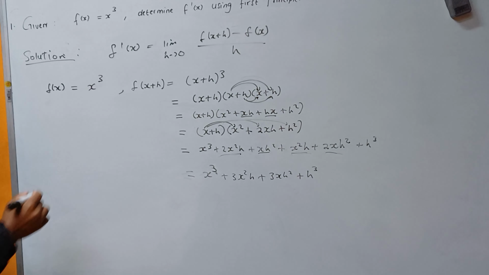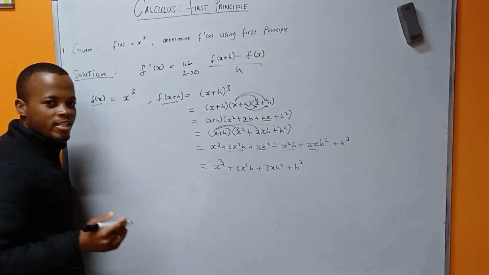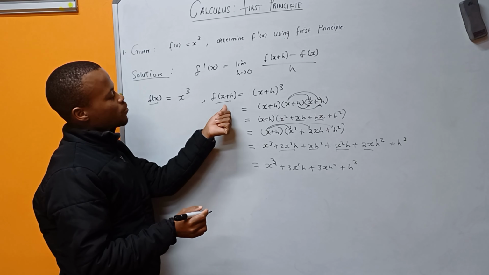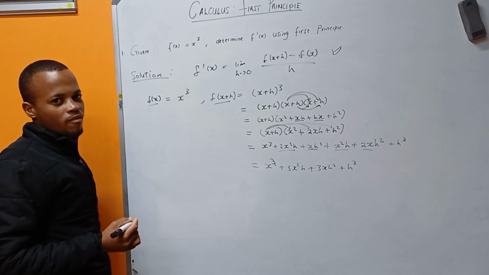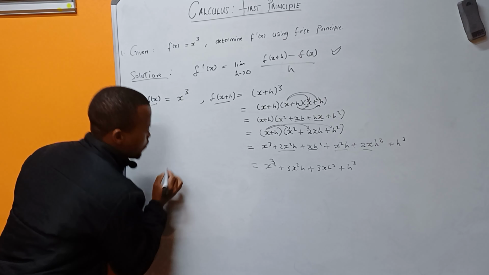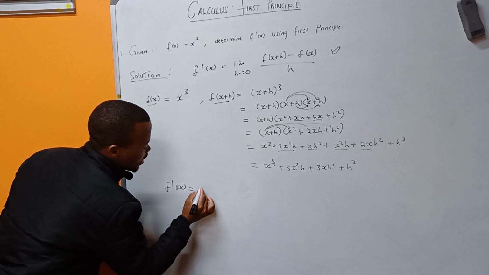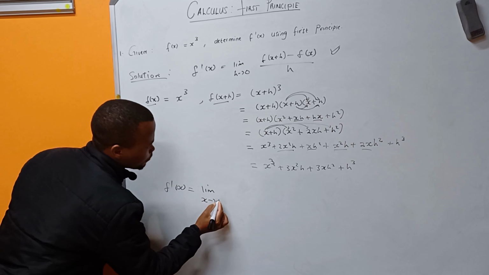So now you have f at x and you have f at x plus h. So you will use f at x and f at x plus h in this formula given to you. So here f prime of x is equal to the limit as h tends to 0.